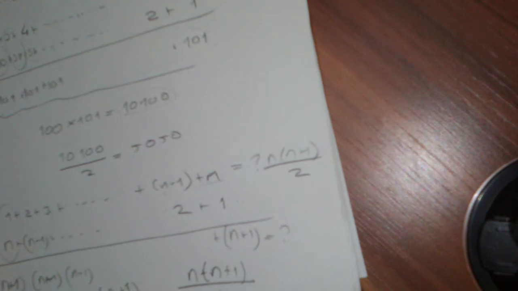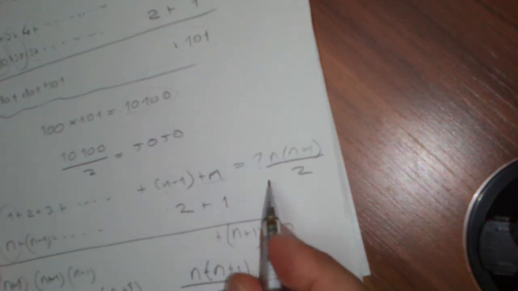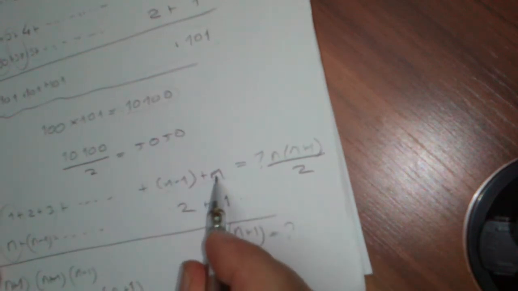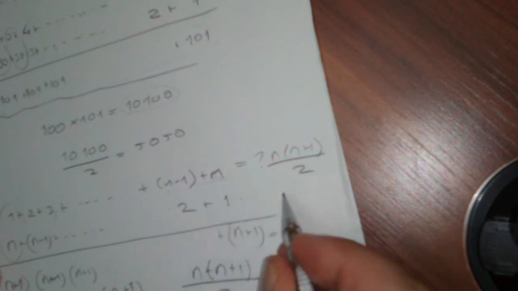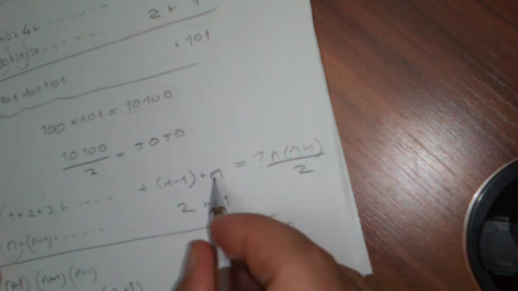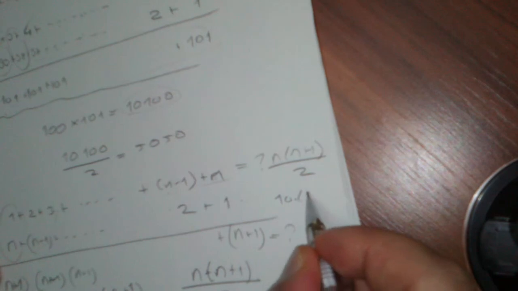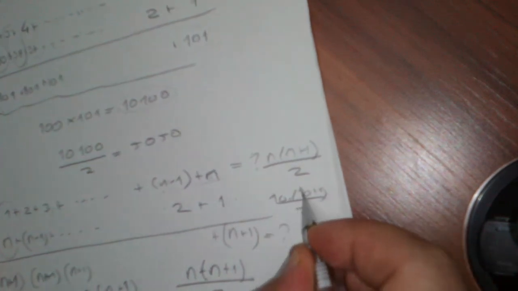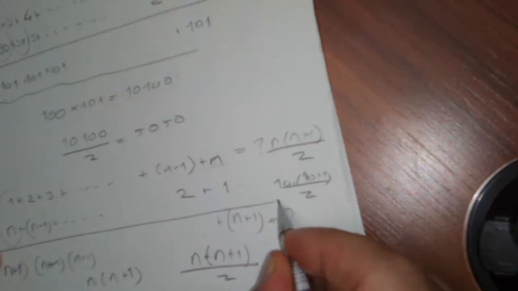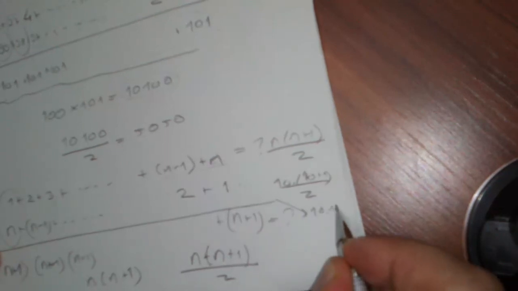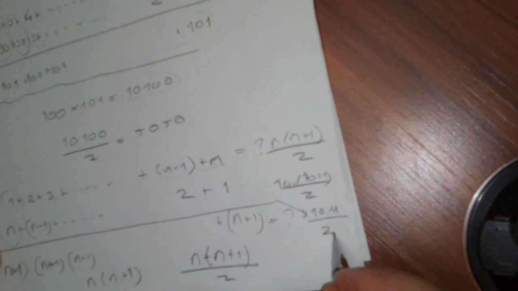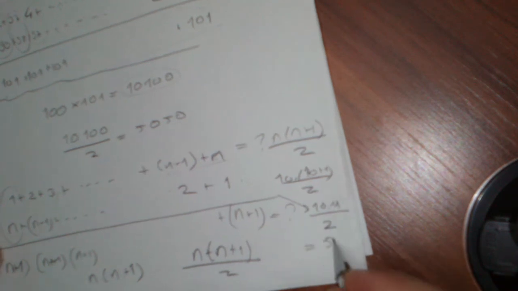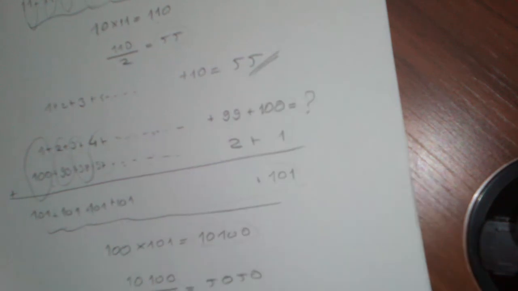You can apply any number. If n is 10, I mean if the numbers go up to 10, 10 times 10 plus 1 over 2 gives you 10 times 11 over 2, which makes 55, as we found in the original result.